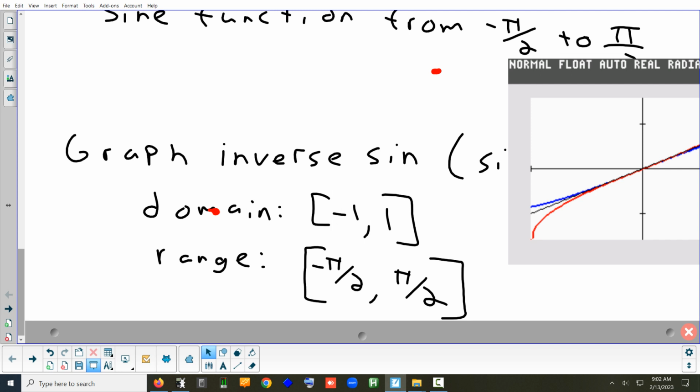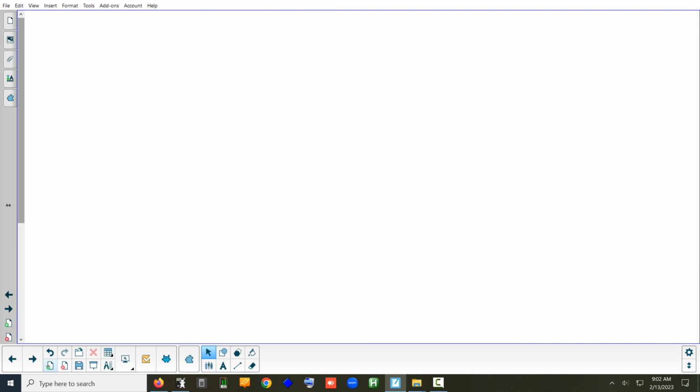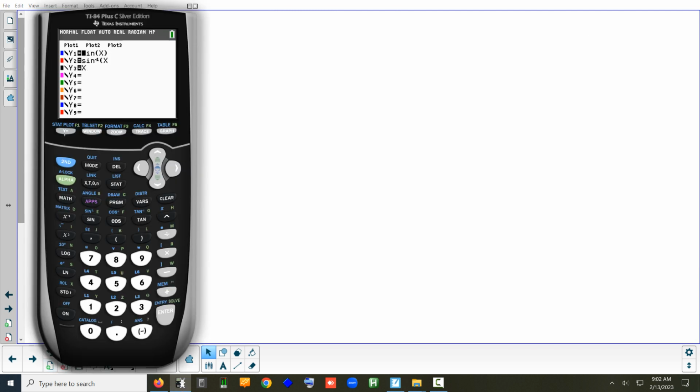All right, let's look at cosine. So think about the graph of cosine. Let's put that in. And the hope is that the graph of cosine is going to pass the horizontal line test. If it doesn't, we need to find a section that does. So here's the graph of cosine.